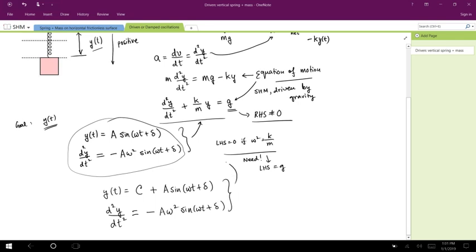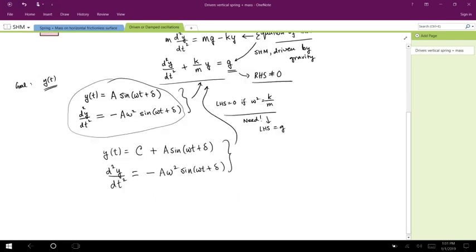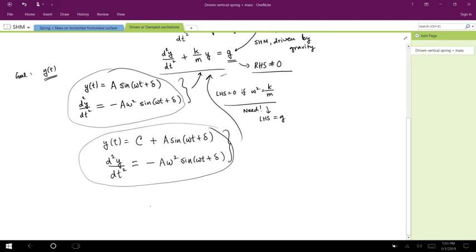Great. Now if we plug this into our original equation, what we get looks like negative A omega squared sine omega t plus delta, plus k over m times the full thing y, which is C plus A sine omega t plus delta, is equal to g.